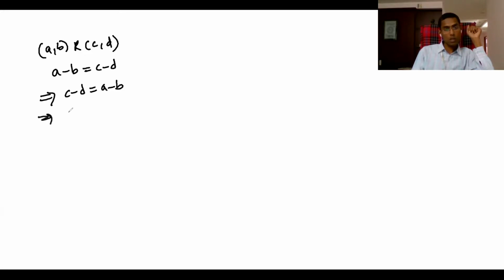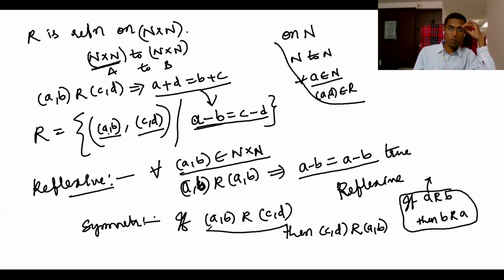(A, B) related to (C, D) means A minus B equal to C minus D. That implies I can write C minus D equal to A minus B, which means (C, D) is related to (A, B). So this is true: if (A, B) is related to (C, D), we proved (C, D) is related to (A, B).